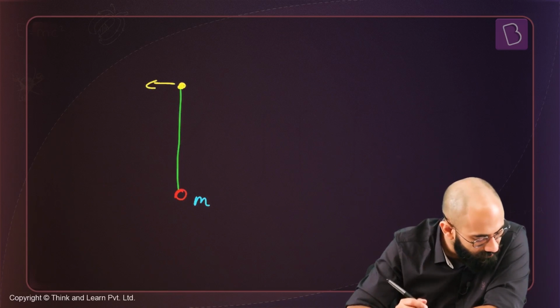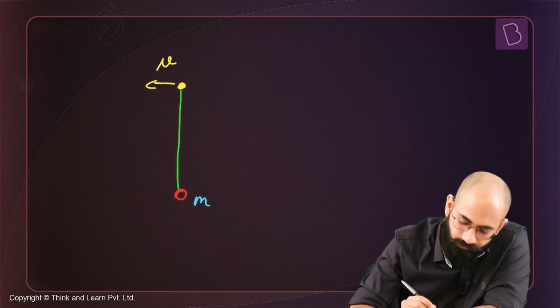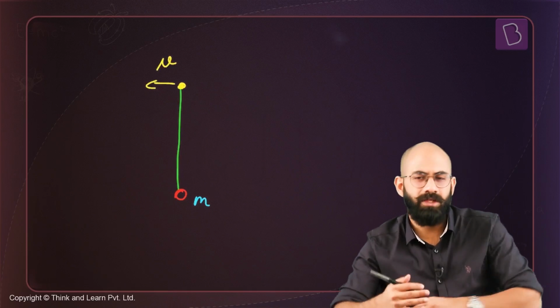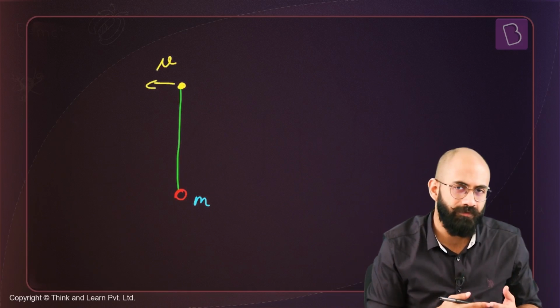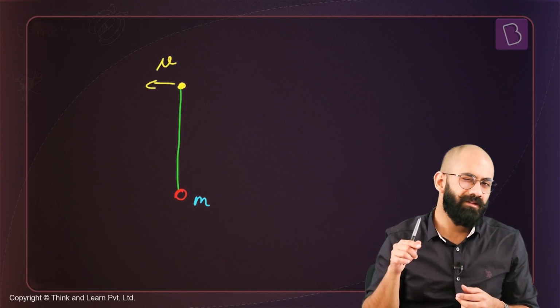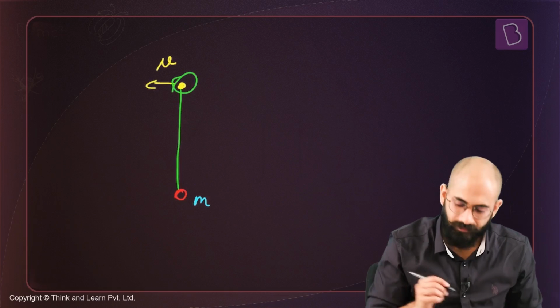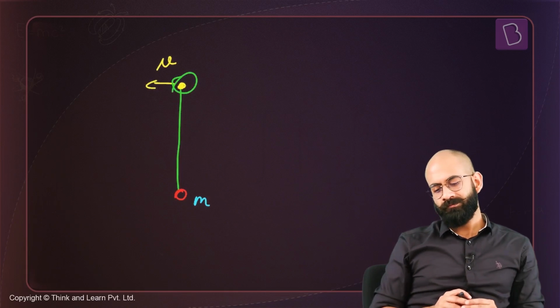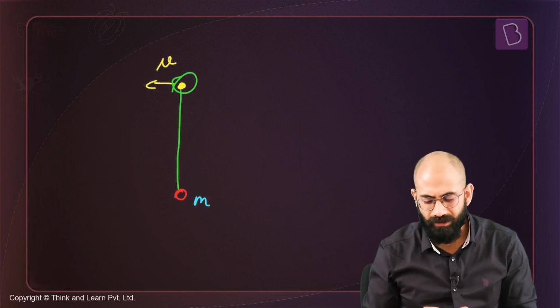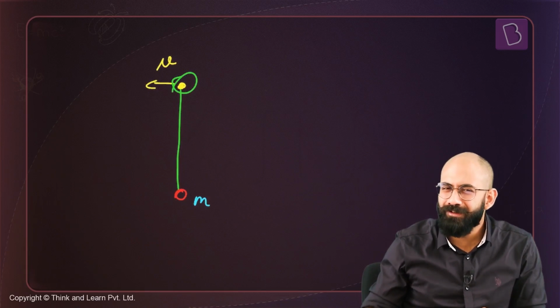Let's say it's in this direction and let's call it u. So the question says, what is the minimum speed that this u should have so that the ball completes a circle about the point of suspension. Now, the moment you look at it, you might think this is confusing.